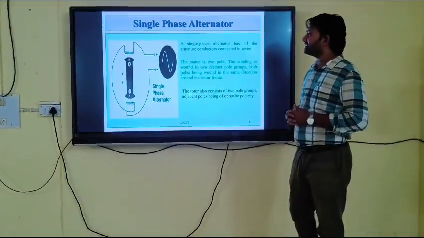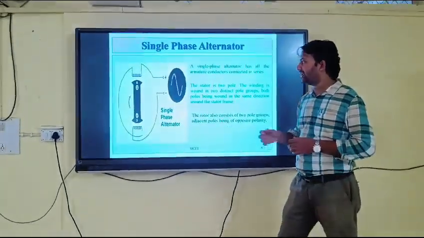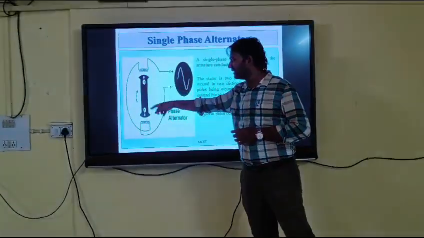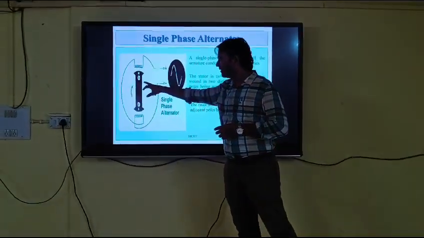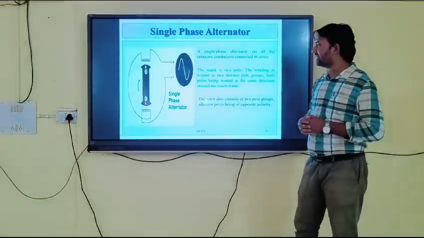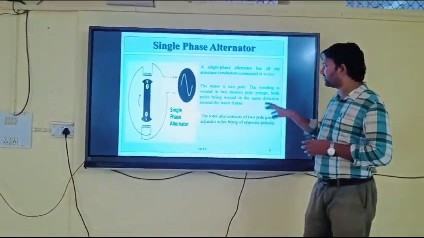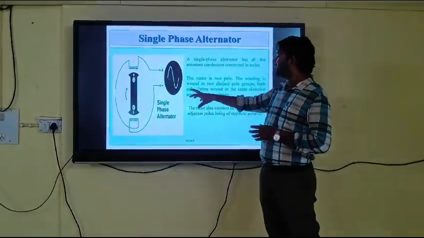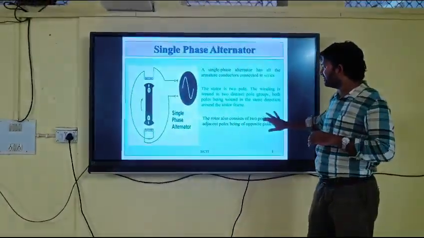This is the diagram of a single phase alternator. Here a 2-pole, that is north and south, field winding is placed, and the stator is 2-pole, with the winding placed over the distance between the 2 poles.